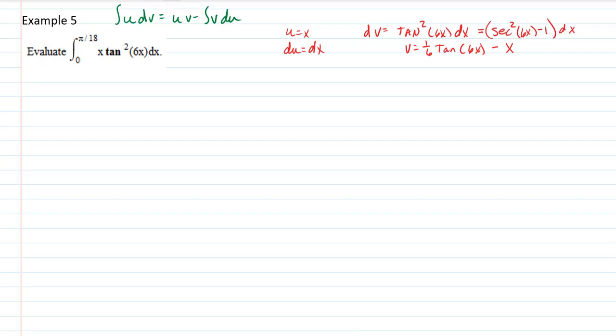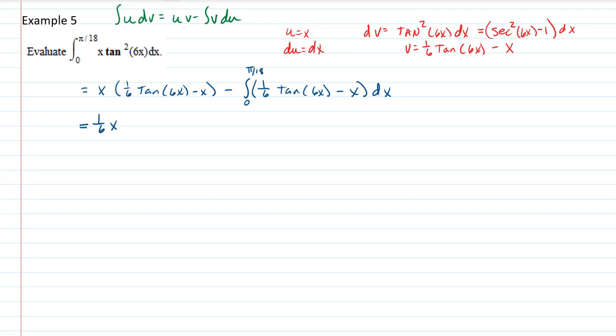So this is in the form, the integral of u dv, so that's going to be equal to uv minus the integral of v du, and du in this case was dx, and this is the integral from 0 to pi over 18. So cleaning this up, we get 1/6 x tan 6x minus x squared minus, and now can I integrate this?